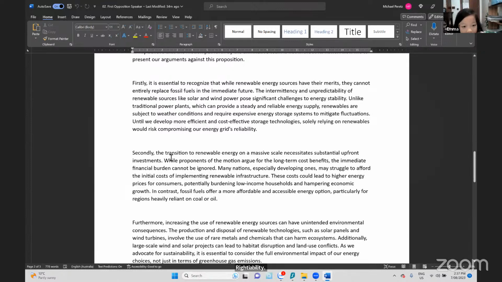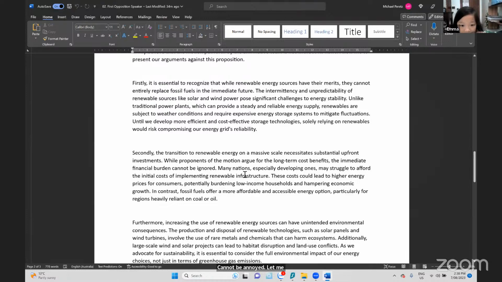Secondly, the transition to renewable energy on a massive scale necessitates substantial upfront investment. While proponents of the motion argue for the long-term cost benefits, the immediate financial burden cannot be ignored.